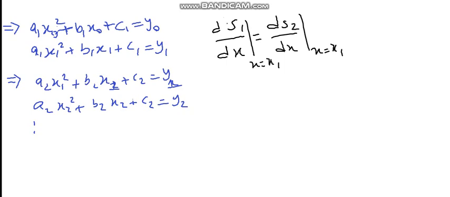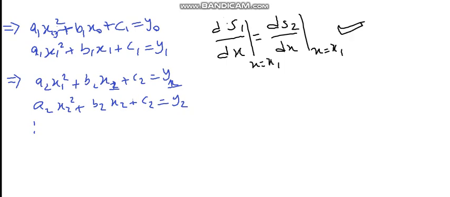This is just for the first case at x equal to x1, and if you have n splines, then we will have n minus 1 equations of this kind. So that equation also we have to consider.